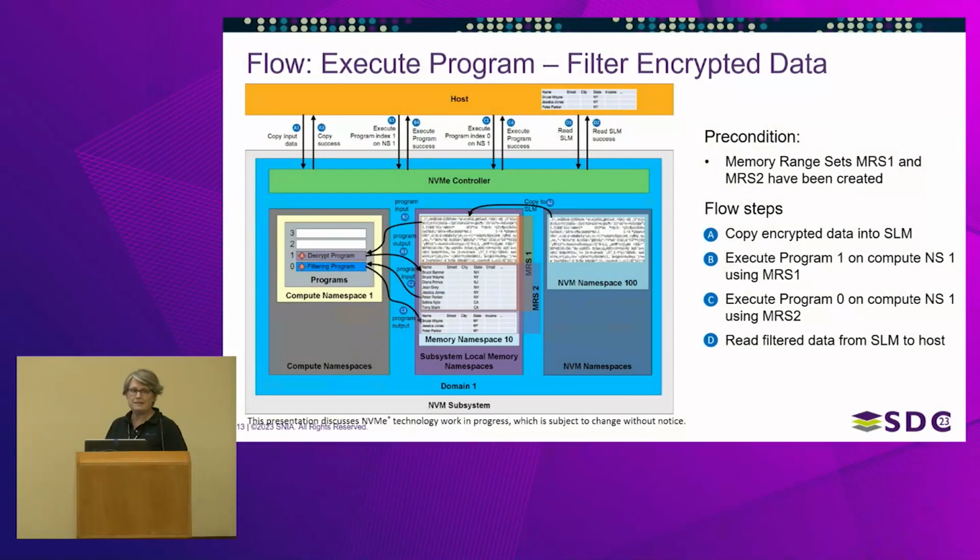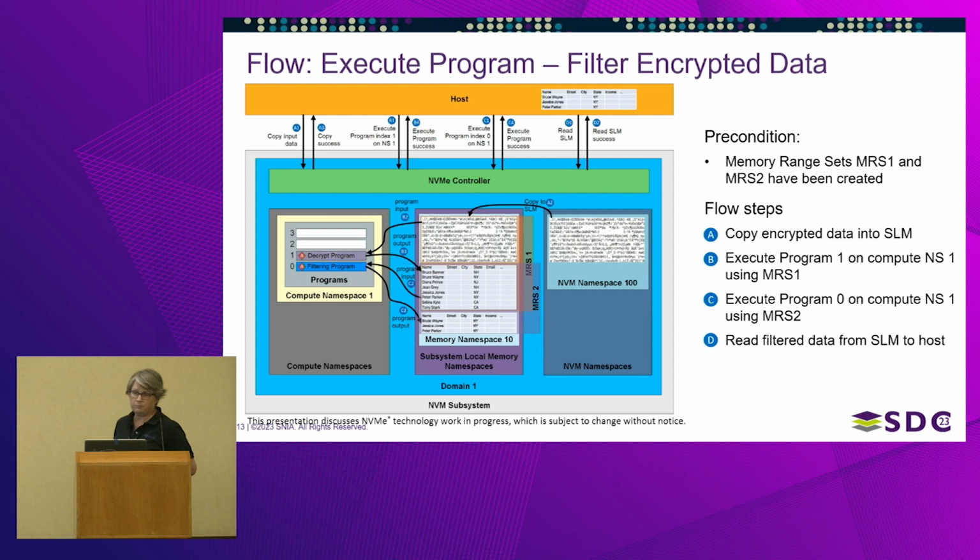So now that we've gone through all of the pieces of the architecture, let's go through an example of how you could use this architecture to execute a sequence of commands that filter encrypted data. So you can see on this diagram that there's 3 different namespaces.